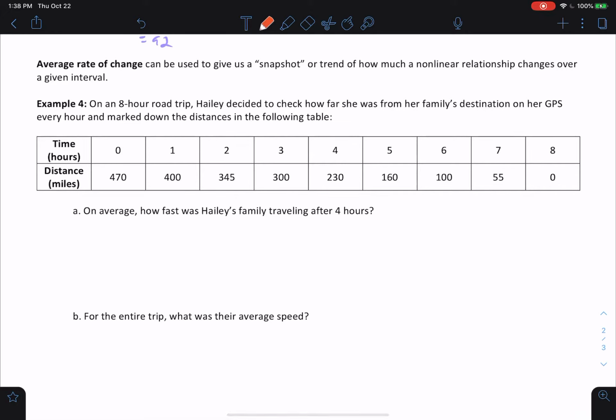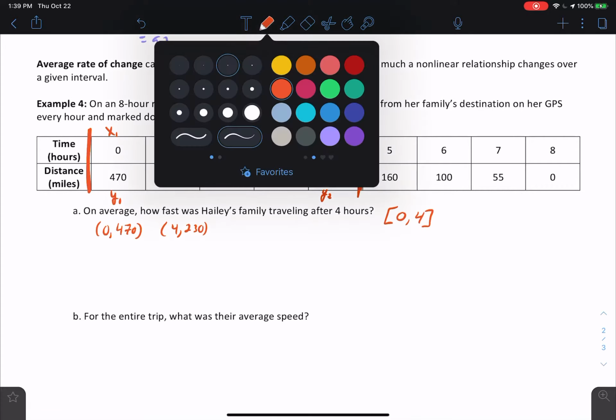So I'm looking here on the interval from 0 to 4. Okay? So this is my x1, y1. This is my x2, y2. All right? So I have these 2 points that I'm trying to find the rate of change for.